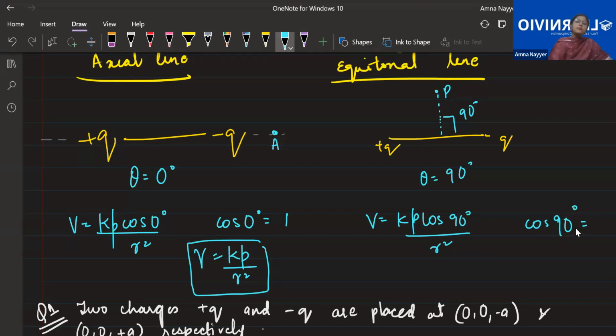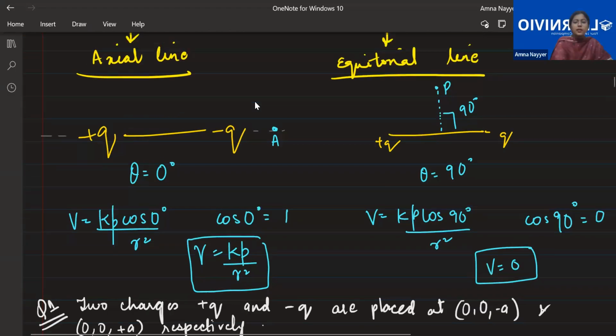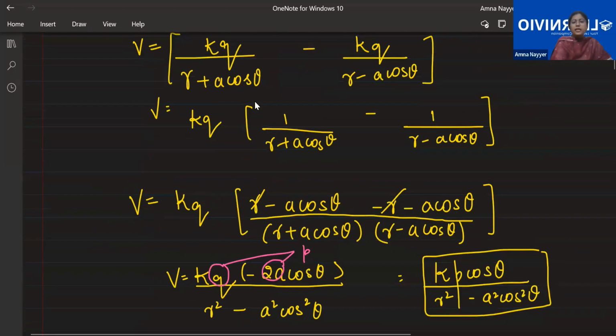Cos 90 is 0. So the potential will be 0 at the equatorial point of the dipole. Okay, so this is the entire derivation.